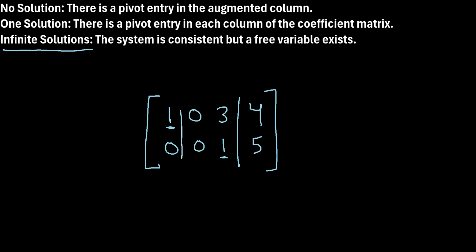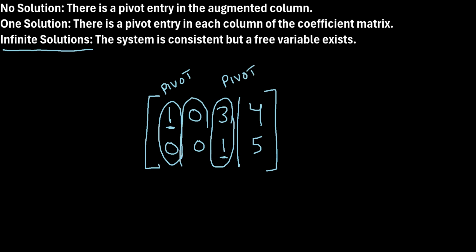When a column has a pivot entry like this, we call this a pivot variable. This column right here is also a pivot variable. But if a pivot entry does not exist in a particular column of the coefficient matrix, we call this a free variable. And when there is a free variable, that means there are going to be an infinite number of solutions to the system of equations.